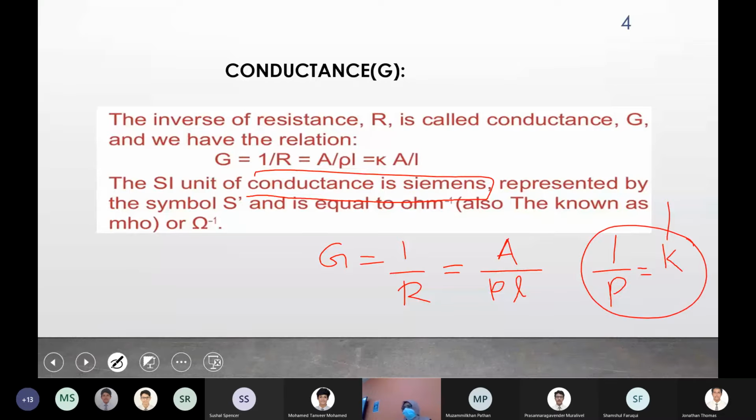Conductance is the reciprocal of resistance, and the unit of conductance is Siemens. They write it either as ohm inverse or Siemens, which is represented with the letter S. So this is equal to ohm inverse or Siemens.